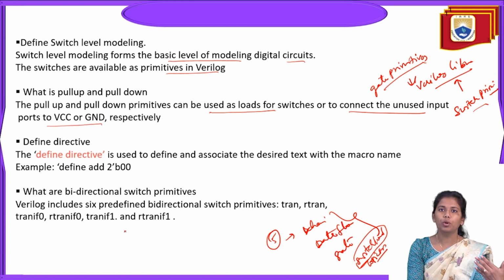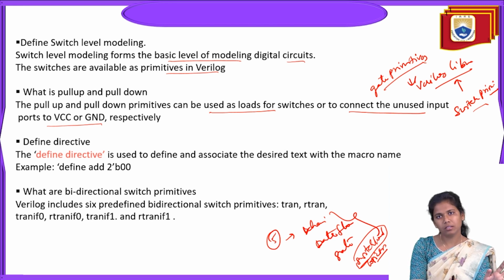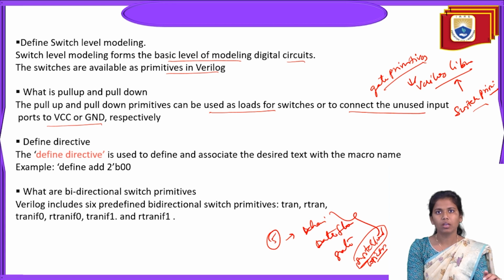In other terms, we can say enhancement mode and depletion mode are similar to these pull up and pull down switches. These switches are used as loads for the switches and also to connect the unused input ports.